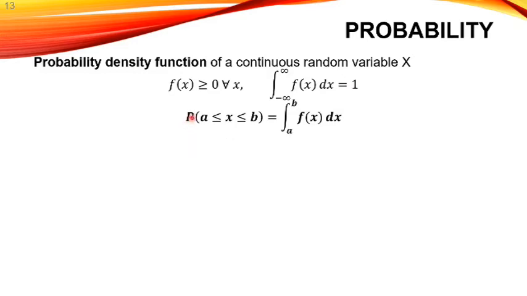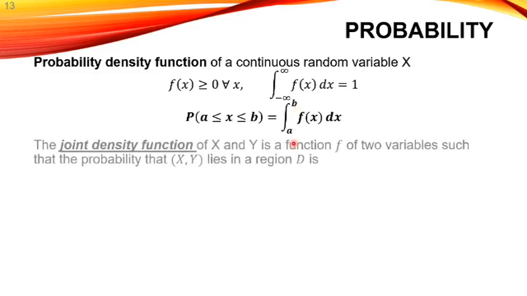So the probability of the random variable in a given interval a to b is equal to the integral of the density function dx evaluated from those limits.